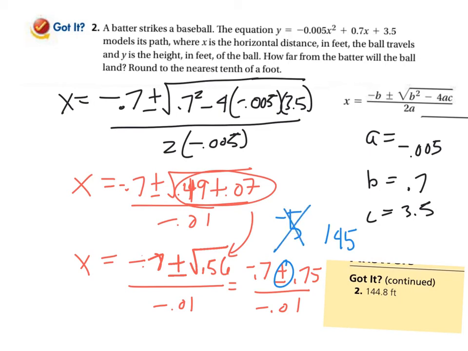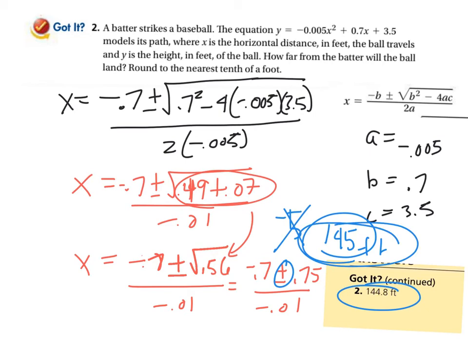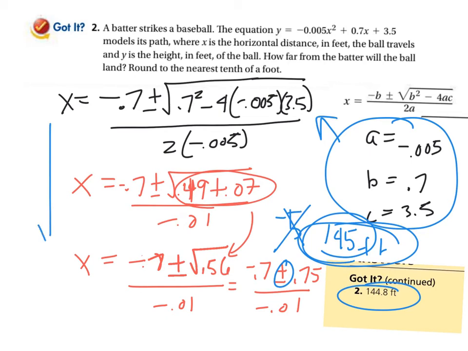Obviously, the negative 5 is useless as far as an answer goes, so this one gave you a different rounded answer here. I rounded up just a hair more. Again, 145, that's going to be feet. Again, distance has to be positive, so that's what we're looking at here. The hardest part, again, determine your A, B, and C, plugging in and then not messing up when you do all of the math. On this one, again, a calculator was pretty much essential.